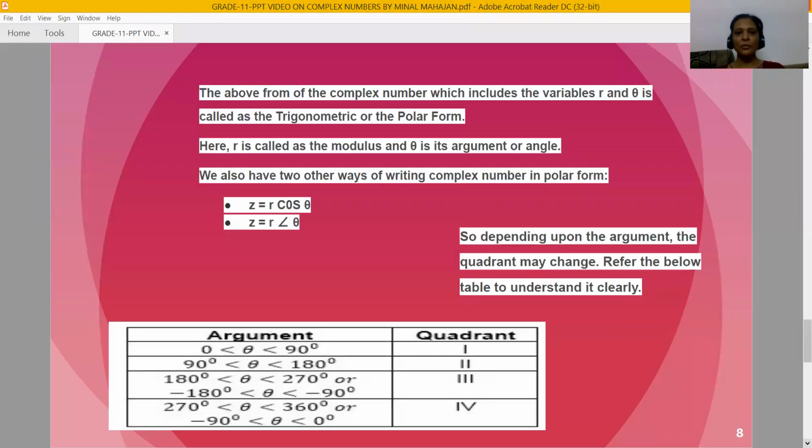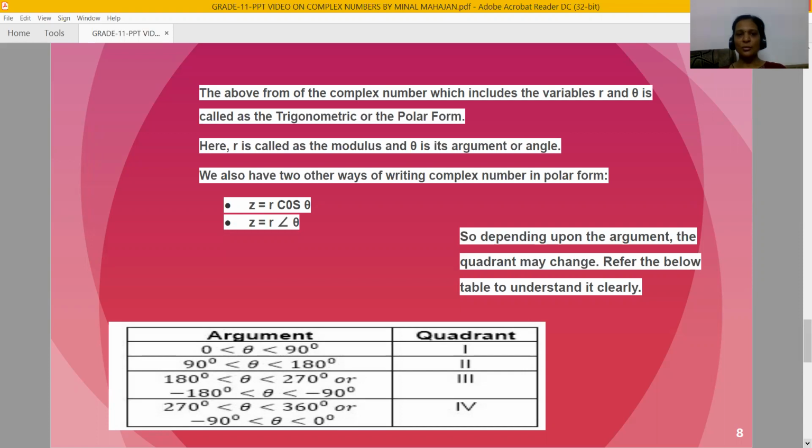The above form of complex number, which includes the variables r and theta, is called the trigonometric or the polar form. Here r is called the modulus and theta is its argument or angle.